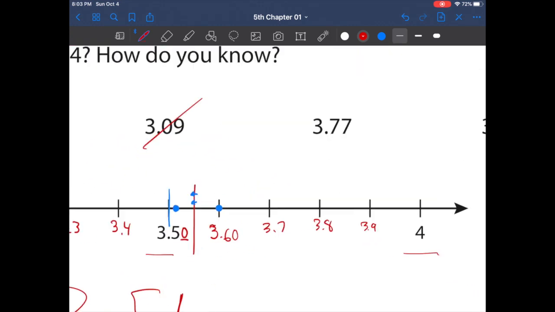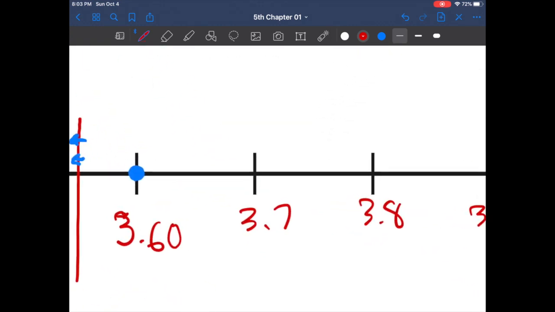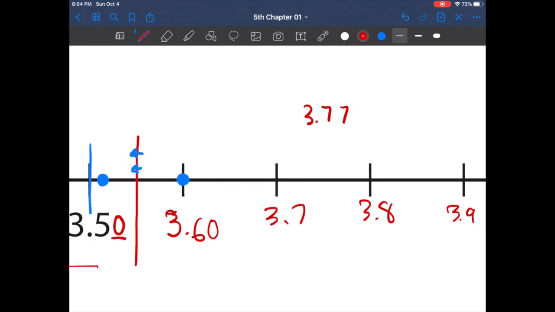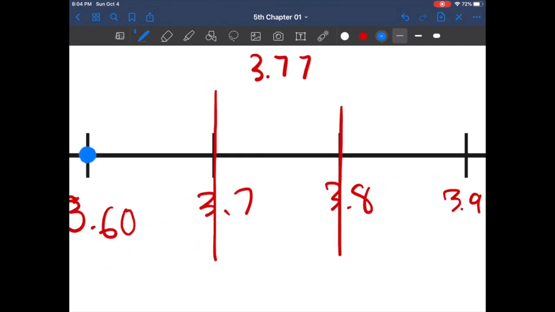All right, let's try this next one, 3.77. Here's 3.7, so 3.77, and then we have 3.8. So we know it's going to be smaller than 3.8, but bigger than 3.7. Let's think about that as the same example. What's in the middle of 3.70 and 3.80?